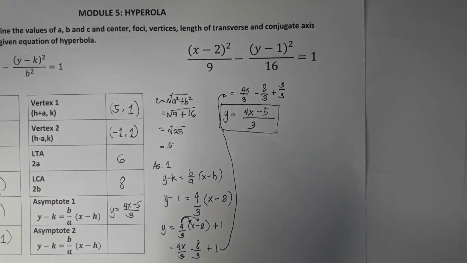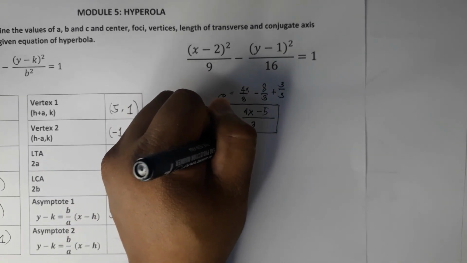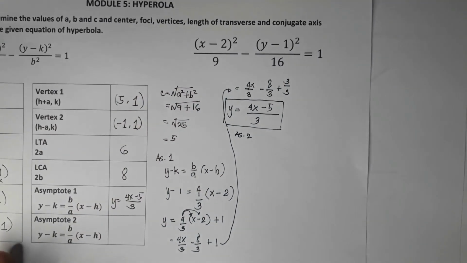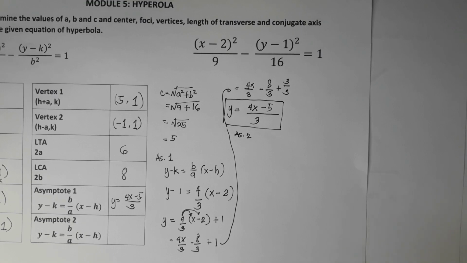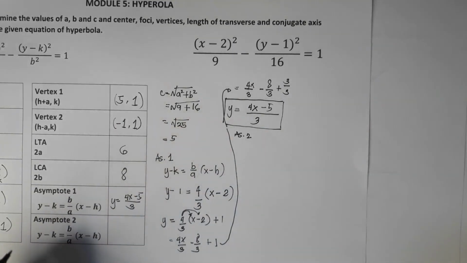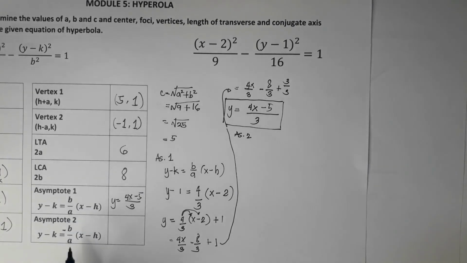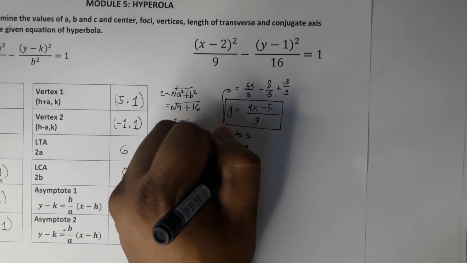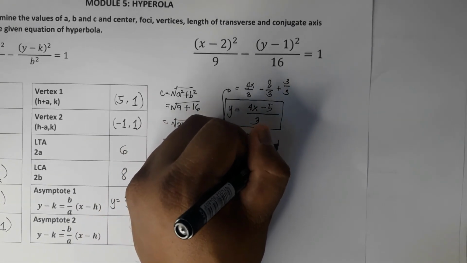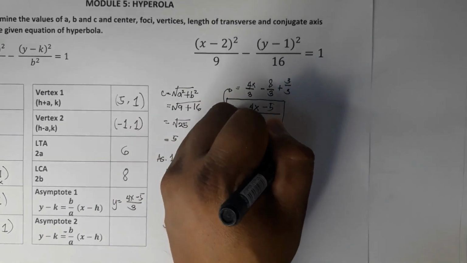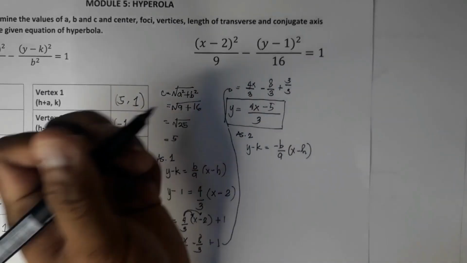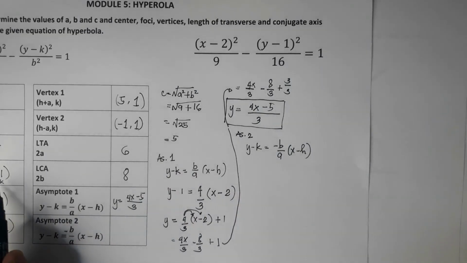Now we do our second asymptote. Yan, I hope nakita siya sa video. Kita naman siya. Okay, so our second asymptote now is, so same lang din. So this case, meron siyang negative dito, no? So y minus k is equal to negative b over a times x minus h. So our k is 1.